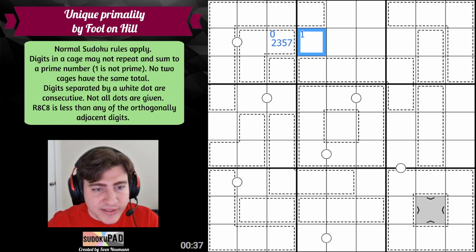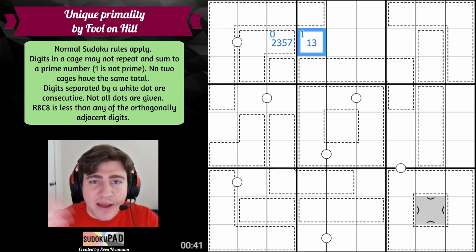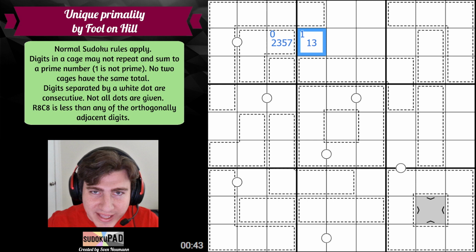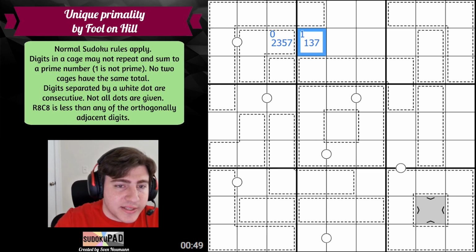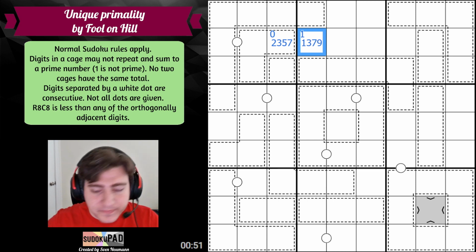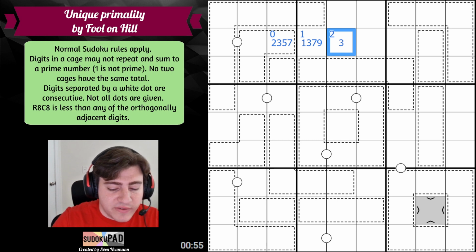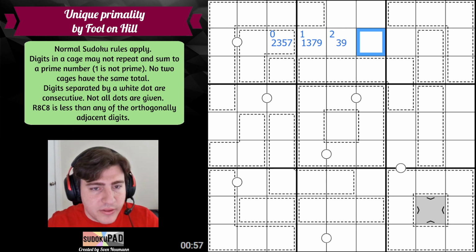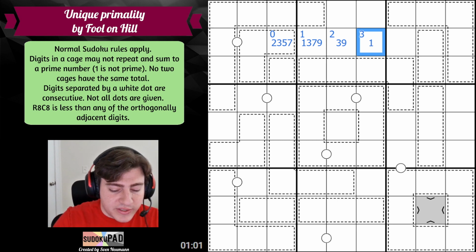For our tens, we have 11, 13, and again, I'm just skipping over the evens because, as we said, evens besides 2 are not going to be prime. So 15 isn't going to work. 17, 19, 23, 29, then 31, 37.